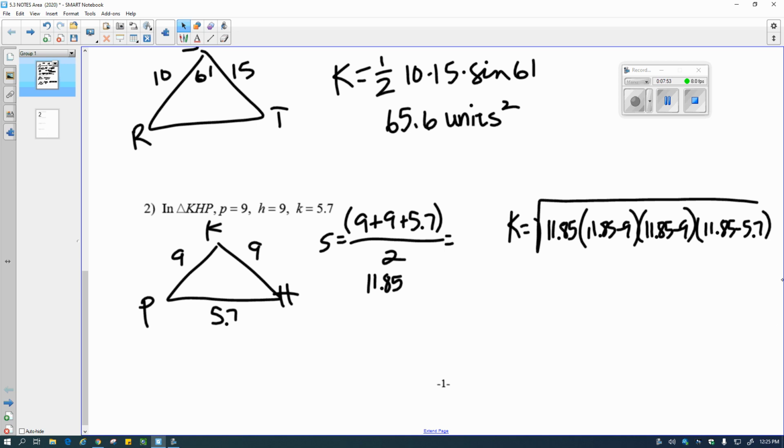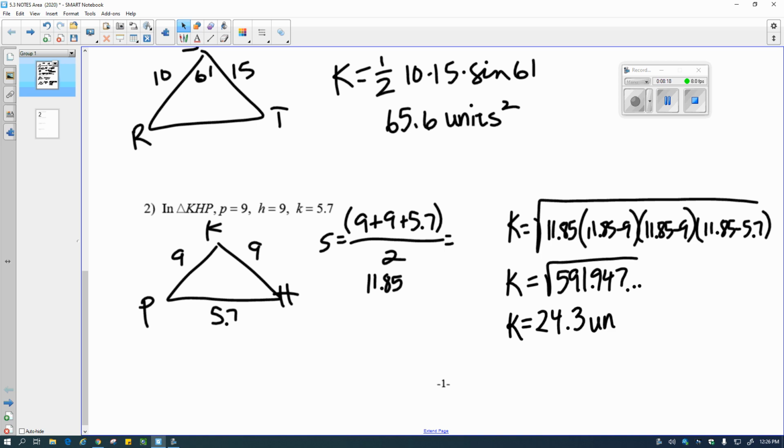I'm going to pause and do that, and you guys pause and figure it out, and then we'll meet back in a moment. So I got the square root of, I kept it inside of there, 591.947, and a whole bunch more digits, but I'll do the square root of that, and I get 24.3 units squared.